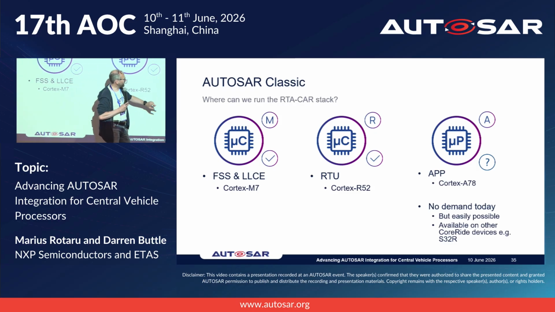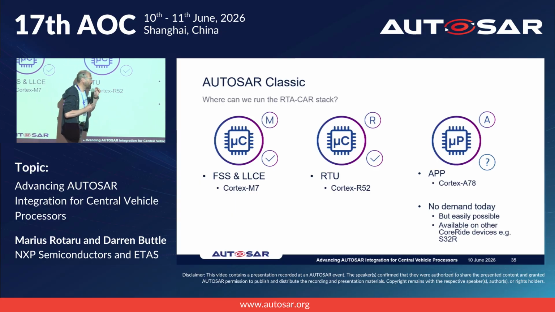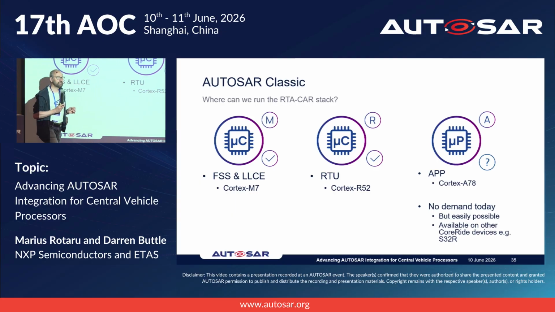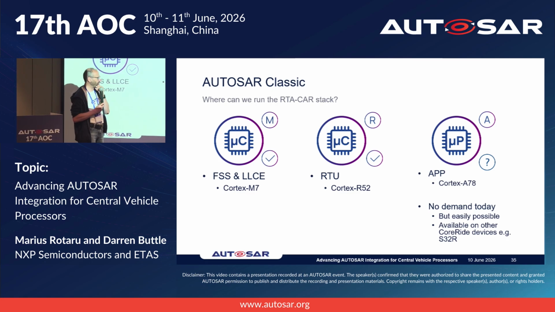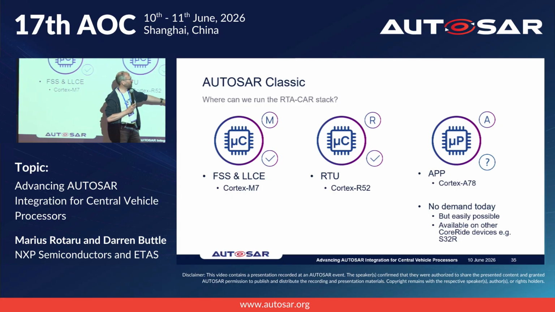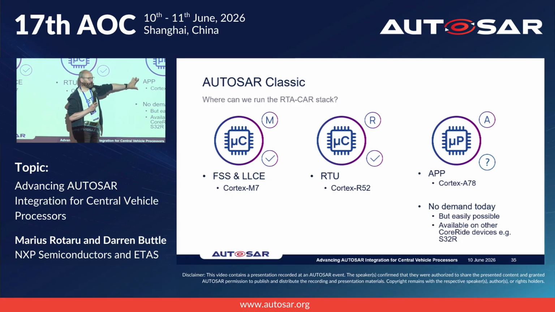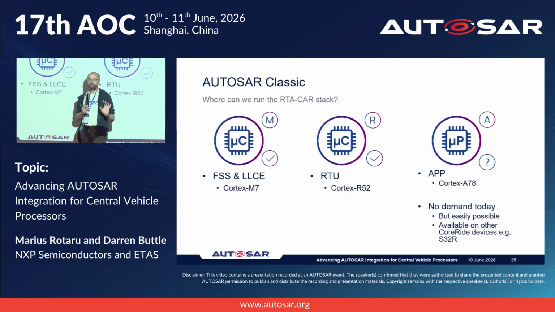Where we're not running the classic stack at the moment is on the application cores, on the A78s. There's a practical reason for that. There is no demand today, apart from I heard about some demand for that exactly yesterday, but that's after I'd written these slides. So we don't run the AUTOSAR Classic stack on the application cores, but there's no reason why we can't do that.